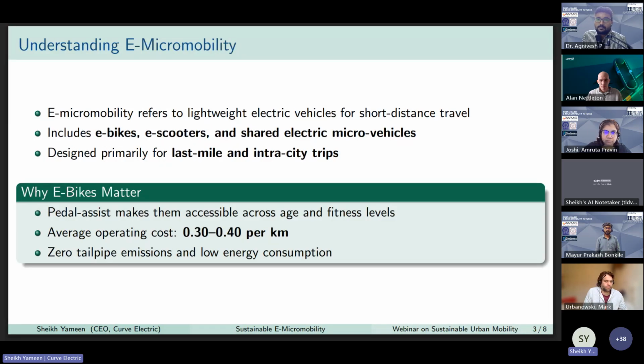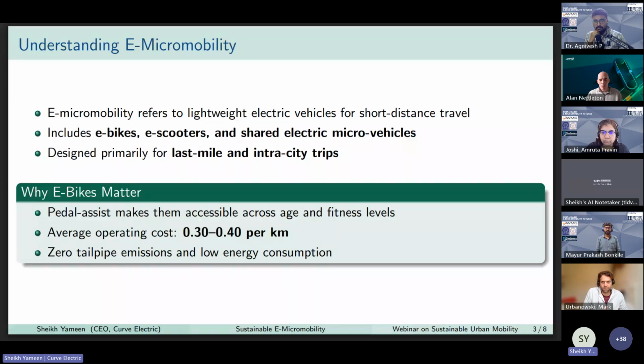But the first and last mile connectivity is where the challenge lies, and that is where it becomes very important to focus on micromobility, particularly e-micromobility, because this will help us in turn increase the flow to metros, railways, and other transit means.